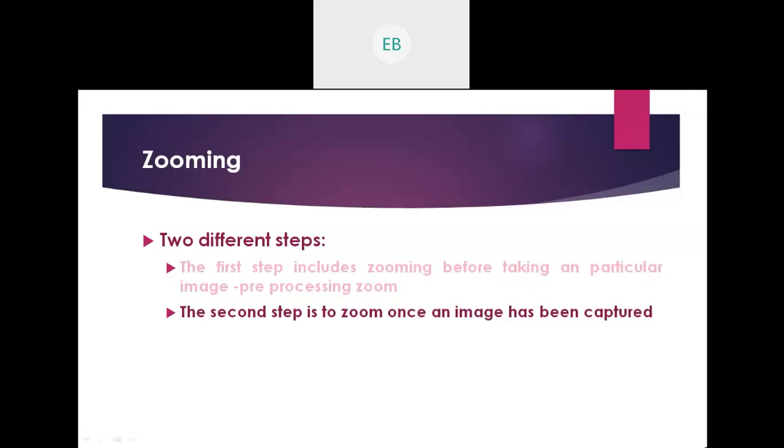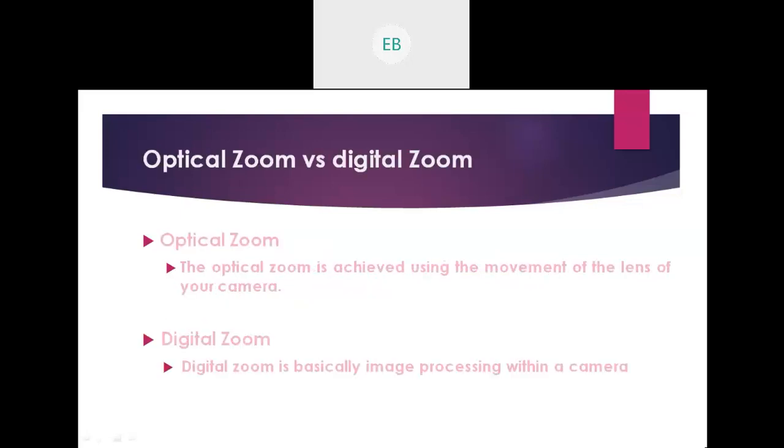Just now I showed you the image of Einstein, and we wanted to zoom in on a particular area on his face. So the second step is to manipulate the pixels to zoom in only on the portion we want.